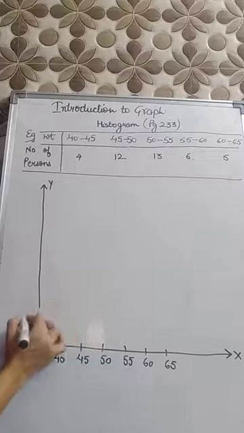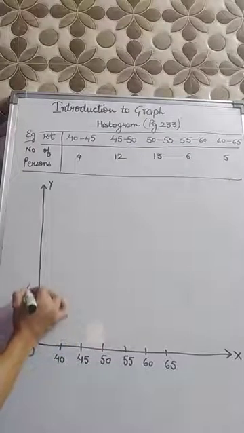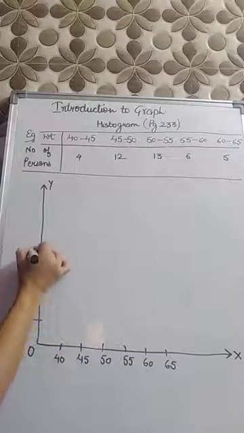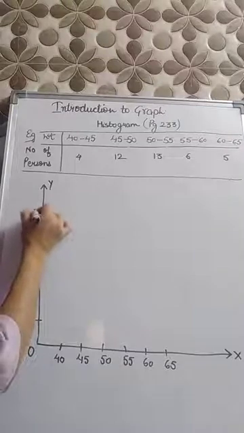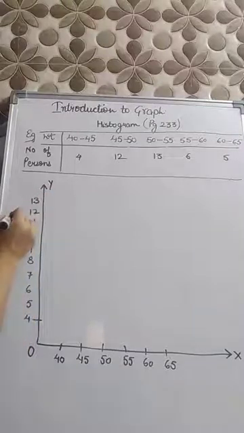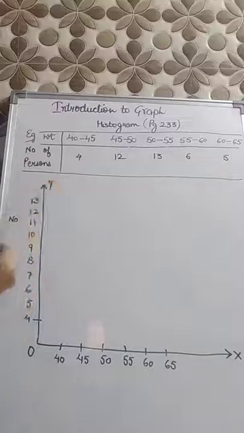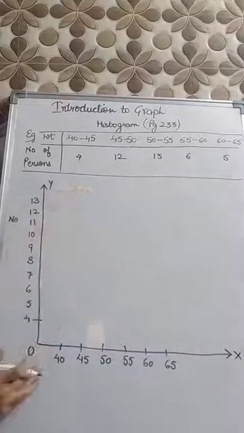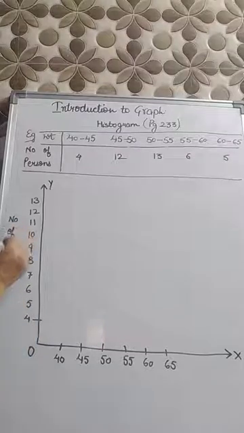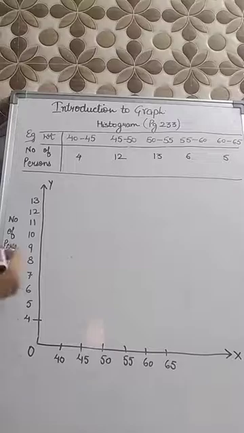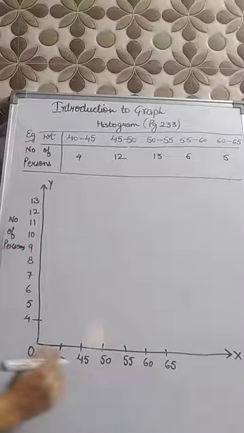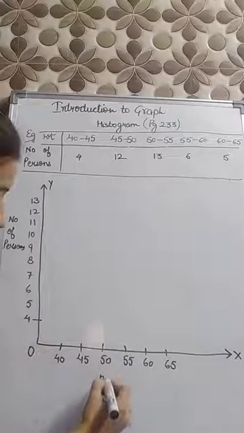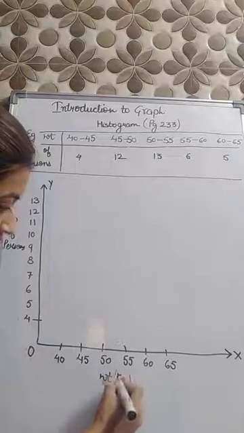So I'm starting with 4, 5, 6, 7, 8, 9, 10, 11, 12, and this is your 13. So I'm writing the details of your y-axis. It's compulsory to put x-axis, y-axis and origin, number of persons on the y-axis, and on the x-axis you have weight in kg.